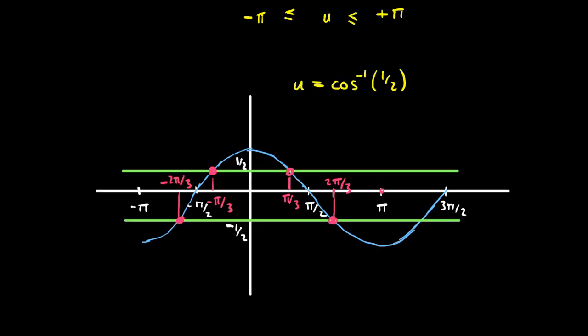So what do we end up with? We end up with the following set of solutions. We've got that u is equal to minus 2 pi upon 3, minus pi upon 3, pi upon 3, and 2 pi upon 3. But remember, we don't want solutions for u.